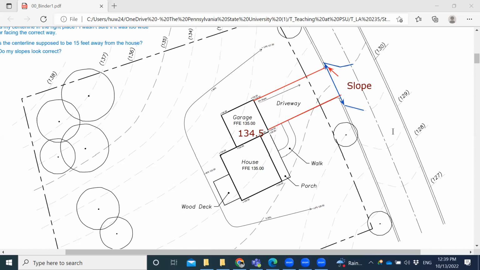Once you have the slope of the road, you could measure this distance from this point to that point. With that smaller h, you'll be able to calculate the vertical difference from this spot and 130.